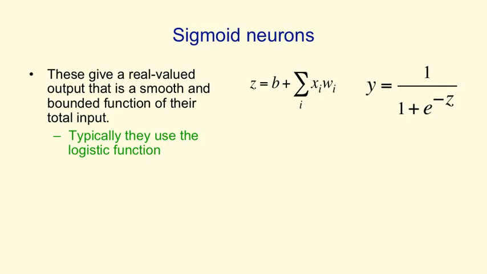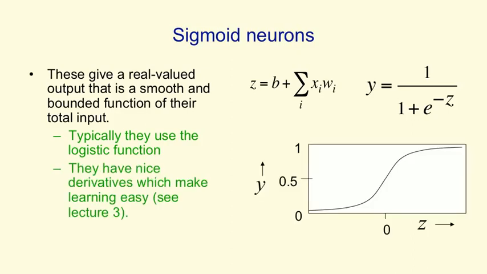If you think about that, if the total input's big and positive, e to the minus a big positive number is 0, and so the output will be 1. If the total input's big and negative, e to the minus a big negative number is a large number, and so the output will be 0. So the input-output function looks like this.